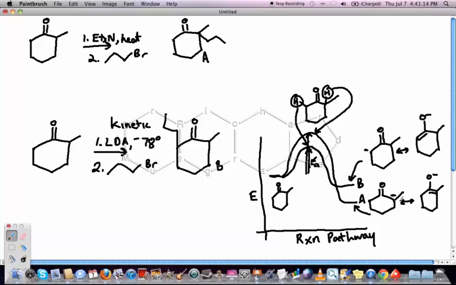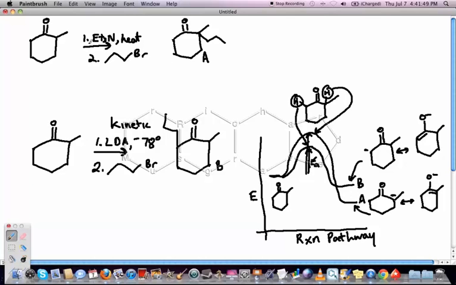So the stability of the products here, the negative charge being on the more substituted carbon, is actually favored because it has a resonance structure that leaves a very substituted double bond on this side, whereas this negative charge, which is on the least substituted side, has a less substituted double bond when it resonates. So this anion ends up being more stable. Since this anion is more stable, it is going to be preferred to be formed if the temperature is higher.